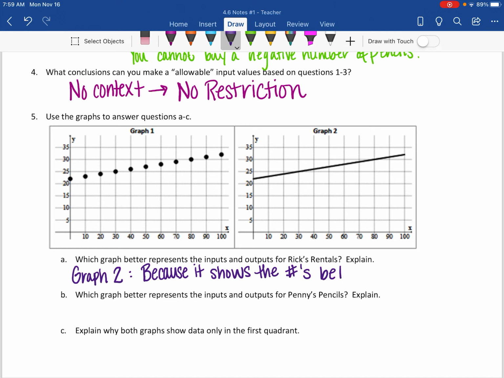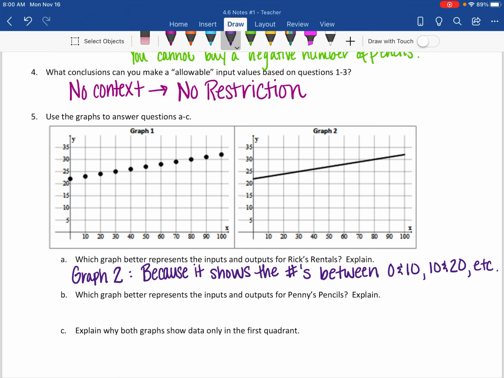So I'm just saying it shows the numbers between 0 and 10, 10 and 20, etc. Okay, it shows all of the values.